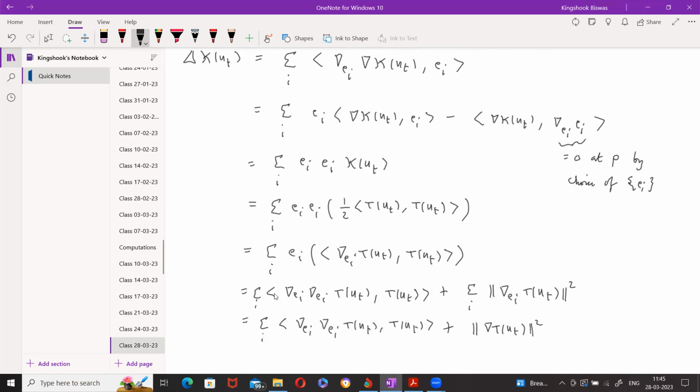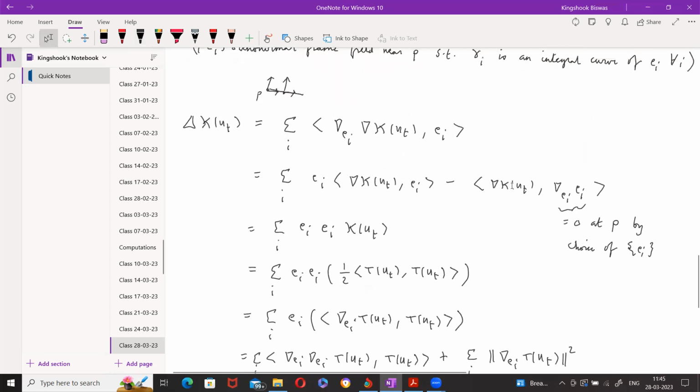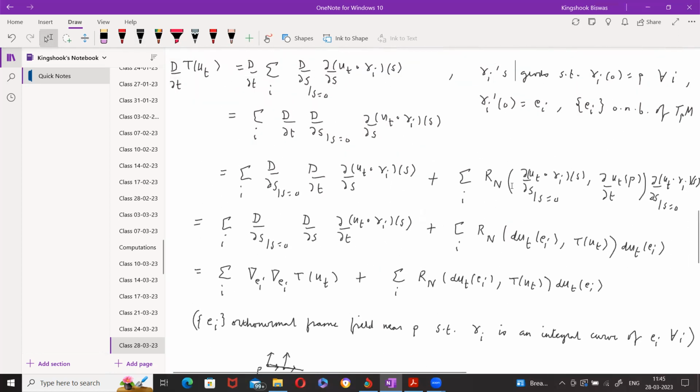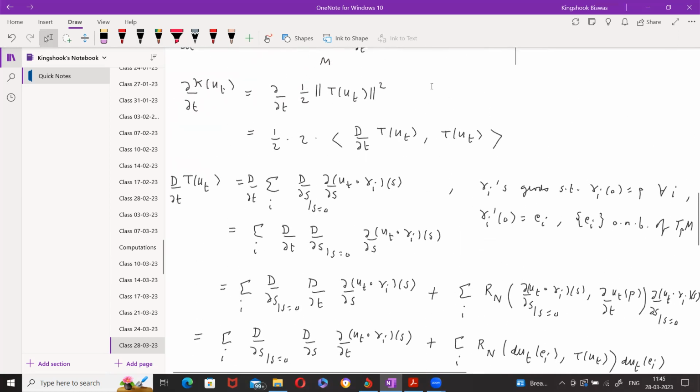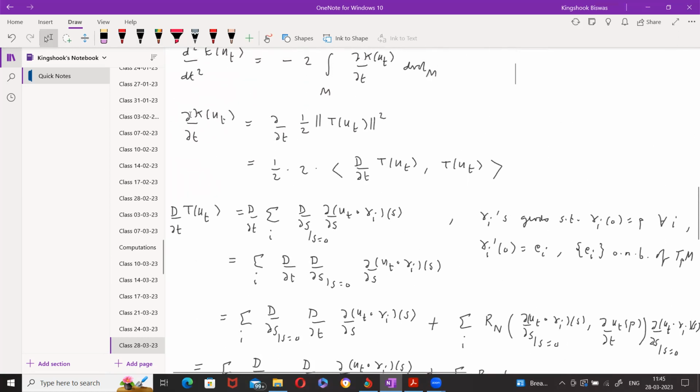Okay. So now let's try and recognize this first term here. This also appeared in our earlier computation where we computed the covariant derivative del del t of tau ut. This term comes up here. And if we go back further, our derivative of the kinetic energy, this is what we want to compute. This is the inner product of del del t tau ut with tau ut.